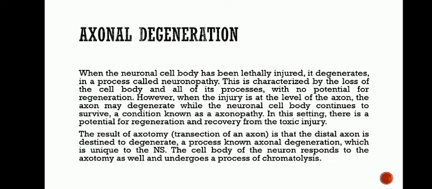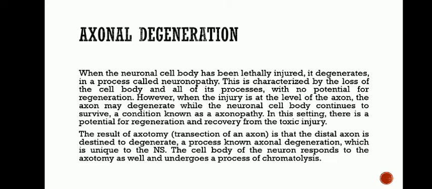However, if the injury is at the level of the axon, there is still a chance that the axon will degenerate while the neuronal cell body continues to survive, making it possible to recover from the toxic injury. The result of axotomy or transection of an axon is that the distal axon is destined to degenerate, a process known as axonal degeneration, which is unique to the nervous system.